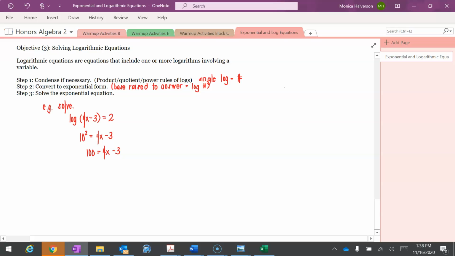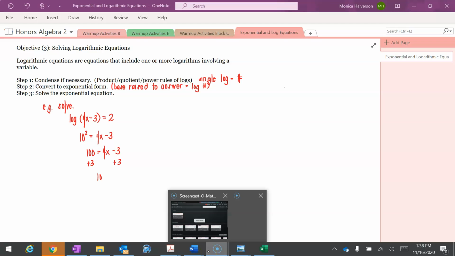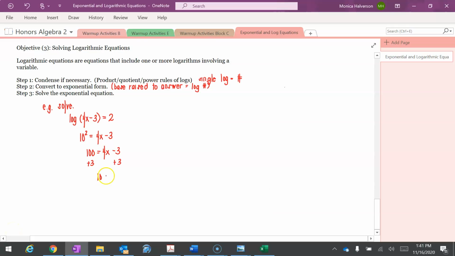Now this is a simple equation that we are able to solve. We have 103 equals 4x. And then we divide by 4 on both sides, and x equals 103 divided by 4.